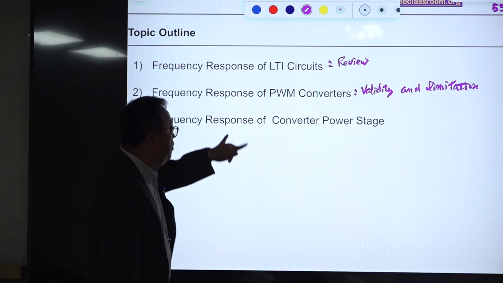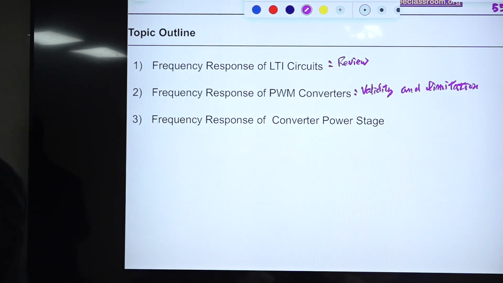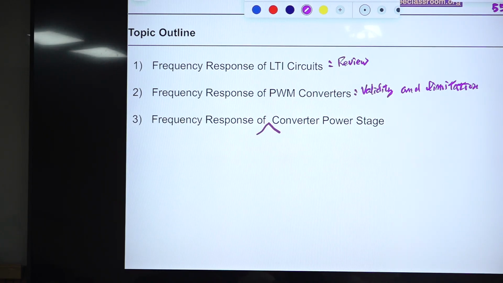So you cannot do this directly, so we need something in the middle. So we should use linearized small signal. Later on, I'll explain the small signal things, what small signal means.